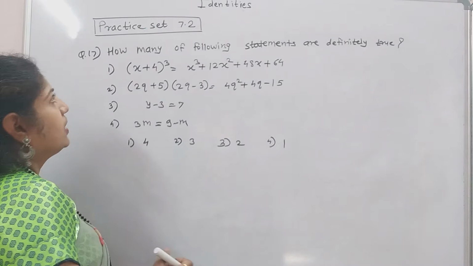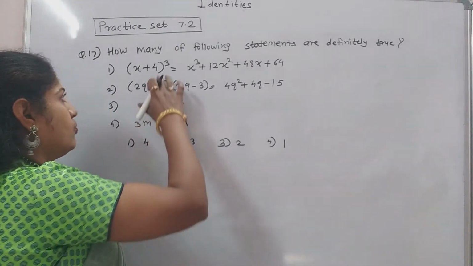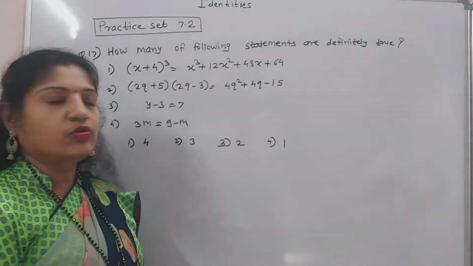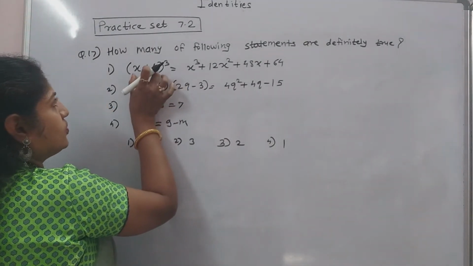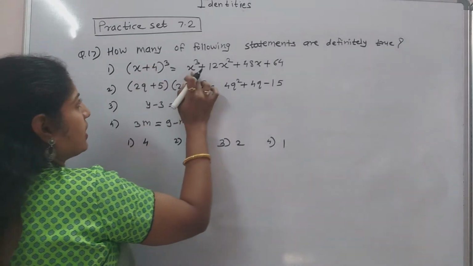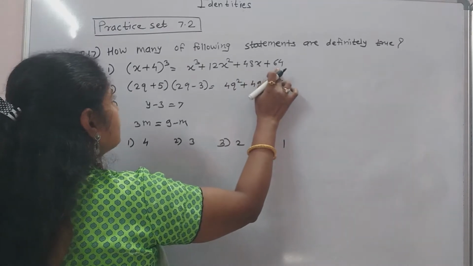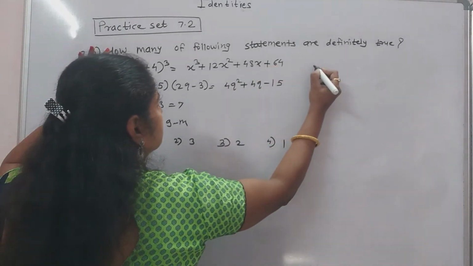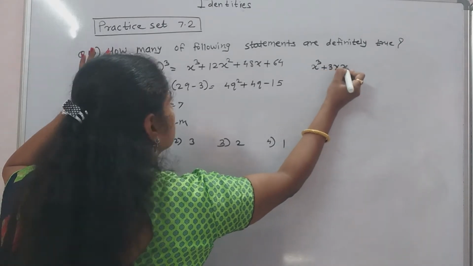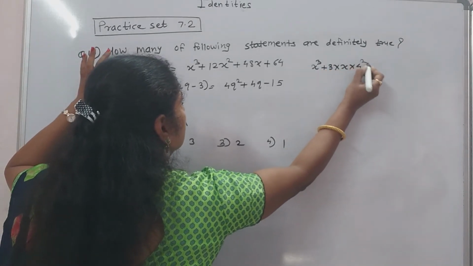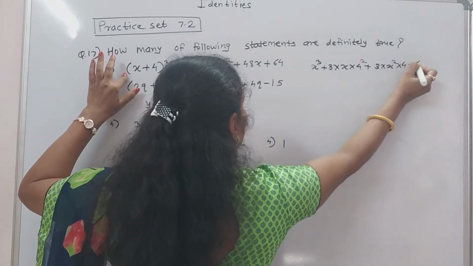Next question. How many of the following statements are definitely true? Look at these four. First one is cube of x plus 4. So solve this cube. First term cube plus 3 into first into second square plus 3 into x square into 4 plus 4 cube.